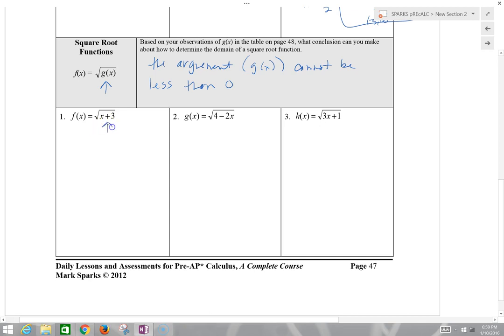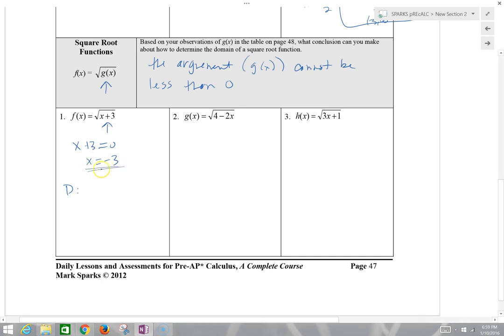So we want to know where is that line between positive and negative. So we're going to set x plus 3 equal to 0 and find out where that happens. So x is equal to negative 3, you're going to get 0.